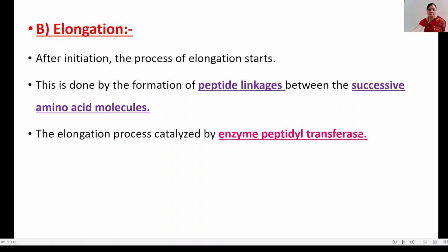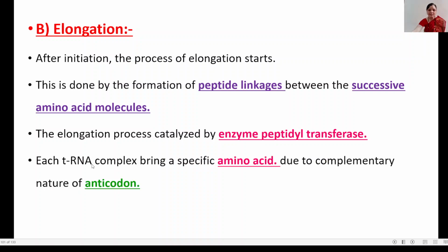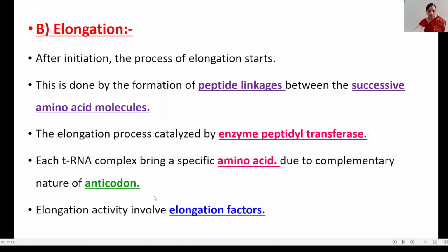This is an important point. Aminoacyl tRNA synthetase enzyme is necessary for activation, and for elongation the enzyme peptidyl transferase is necessary, and each tRNA complex brings a specific amino acid due to the complementary nature of the anticodon.